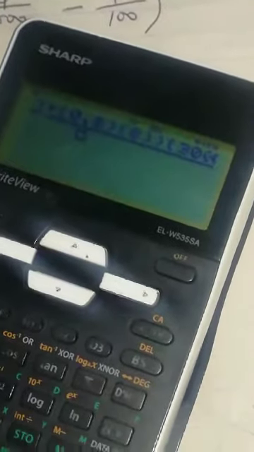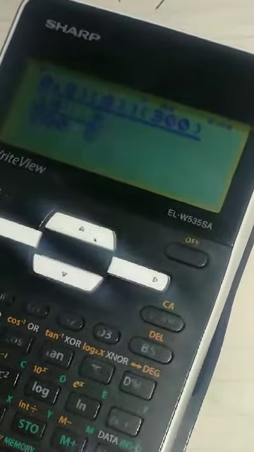This multiplied by 300 over 14 minus 9. Sorry, this is 1000. My calculator is failing me. Let's try this again.